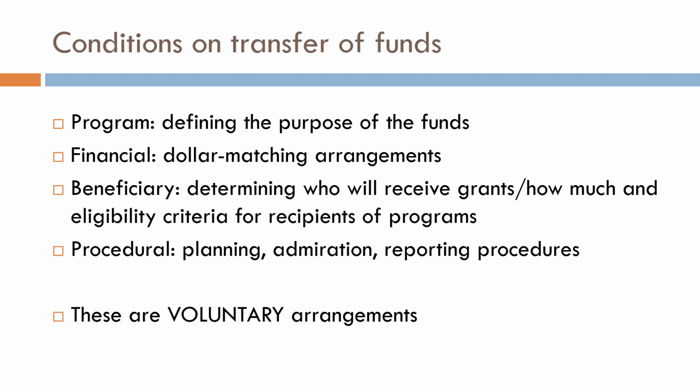Actually, in most cases, there are laws that say that states have to have these programs, but for those where there are no such laws, the states have the right to say, no, I don't want this money. And in fact, that's what happened when the Affordable Care Act was passed. Some of the states said no, they didn't want some of the monies for various things. But in any case, the vast majority of the time, states and local governments will take the money. Now let's go over each one of these in a little bit more detail.